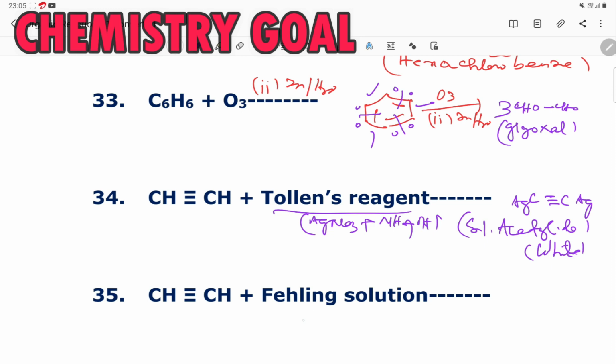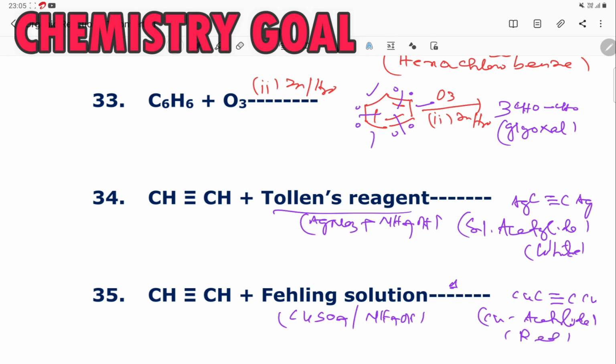Then with Fehling's solution, what is Fehling's solution? Copper sulfate and ammonium hydroxide. If it is used on warming, the product has the same triple bond, with copper substituted. This is called copper acetylide, which is red in color.